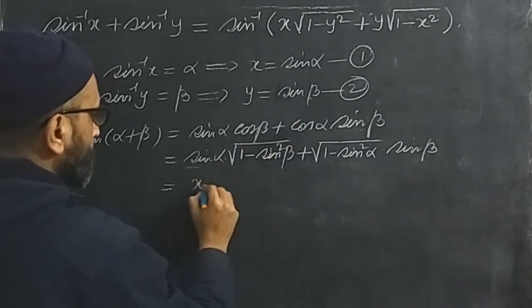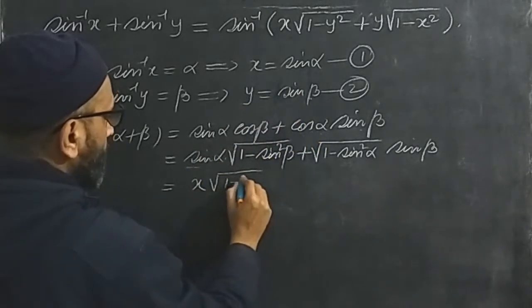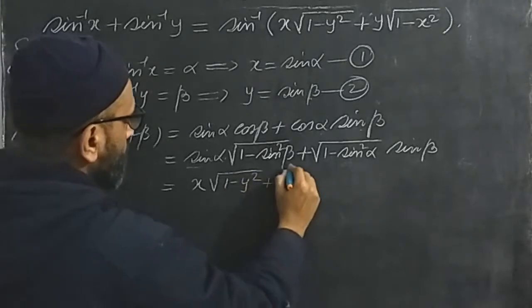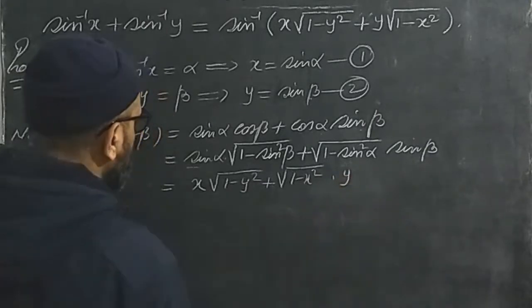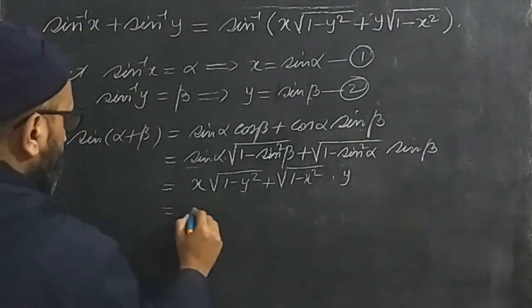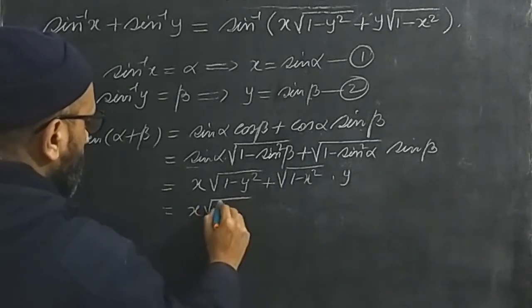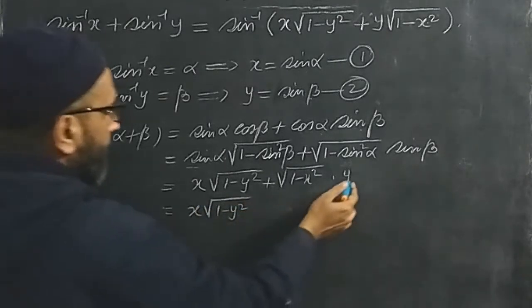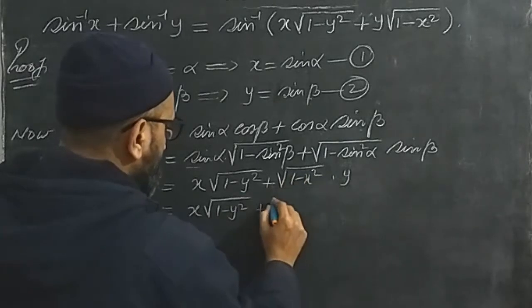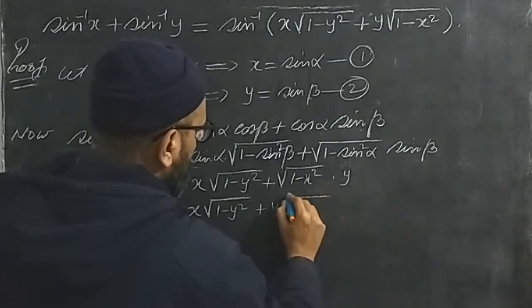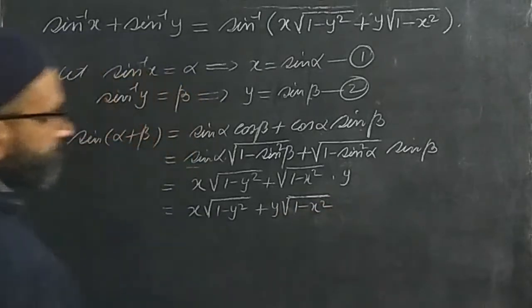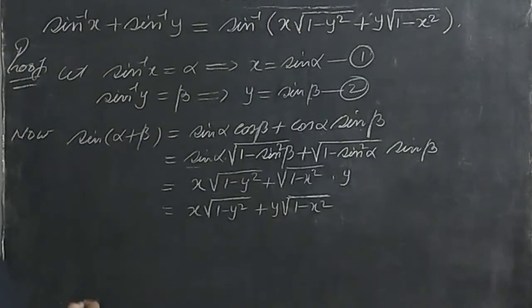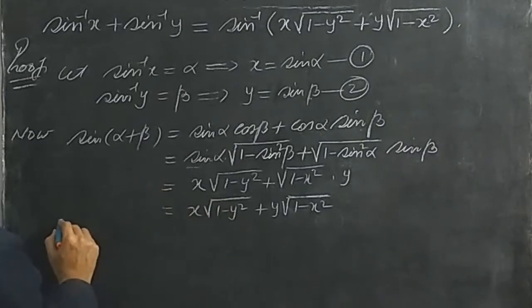We get x under root 1 minus y square plus under root 1 minus x square into y, or we may write y before this root because it looks good, y into under root 1 minus x square, and then finally we get sine alpha plus beta is equal to this much, right?